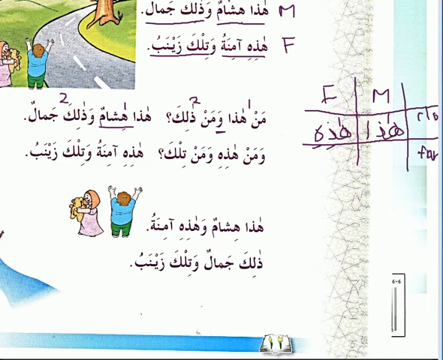Okay, so I see you're answering dhalika, right? So dhalika goes in this box. Dhalika. And what goes in the last box? The last box goes for far away and then female. Yes, tilka. Tilka goes in the far away female. So I can put tilka over here.